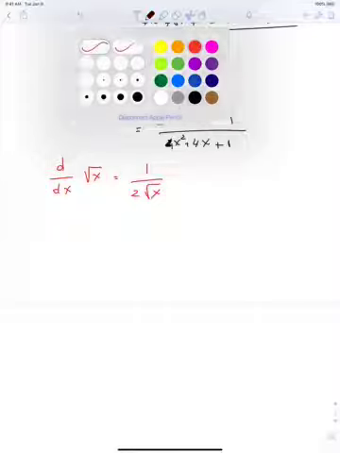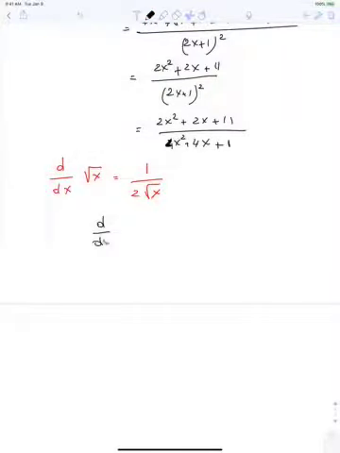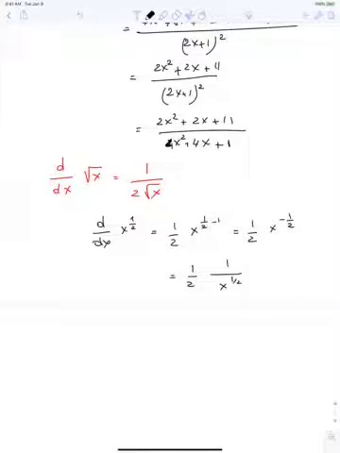Well, if you want, you can actually derive this one from the previous rule, because you can write the square root as power 1 divided by 2. So this would be 1 divided by 2 times x to the power 1 divided by 2 minus 1, which is 1 divided by 2 times x to the power minus 1 divided by 2, which is 1 divided by 2 times 1 divided by square root of x.